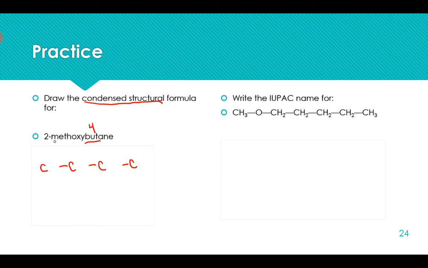We have a methoxy group off of the second one. So that means off the second one, I have an oxygen and the methyl. Now I can go back and fill in my hydrogens. The terminal ones are going to need 3, this one will need 2, and this one will only need 1.